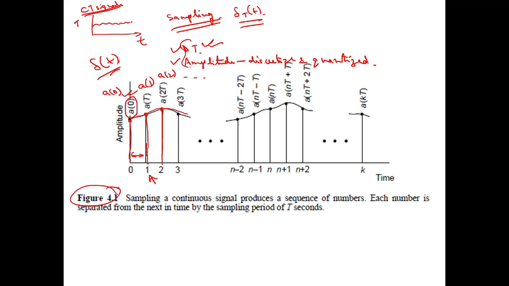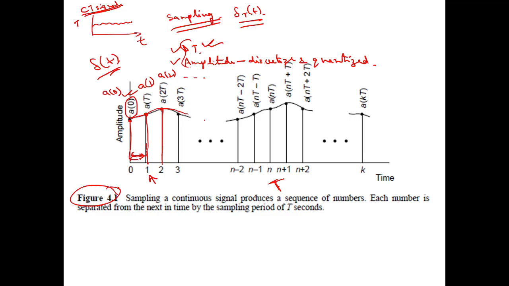So when we do this, then it becomes a discretized signal, and this distance between 0 to 1 is called the time period. It is having a time period of capital T. So T can be 1, it can be 0.1, it can be 0.2, anything.